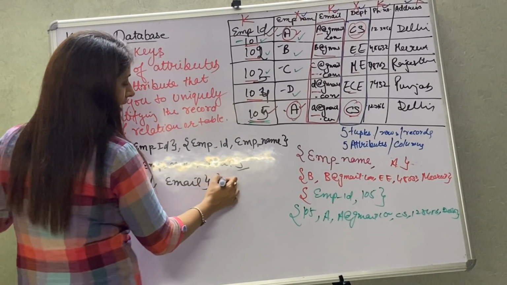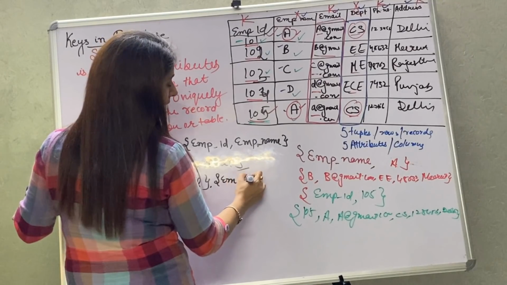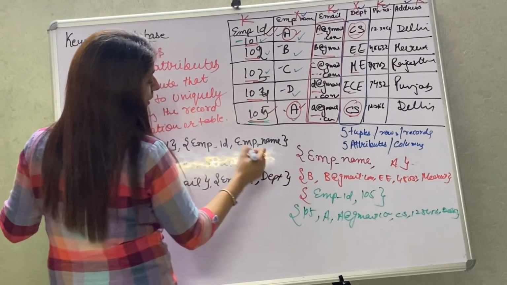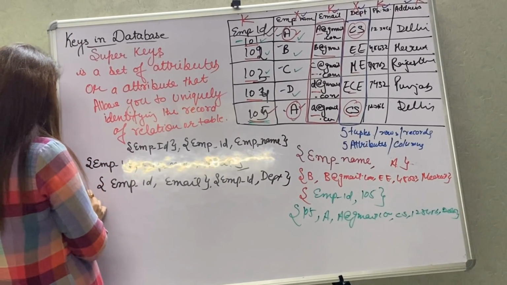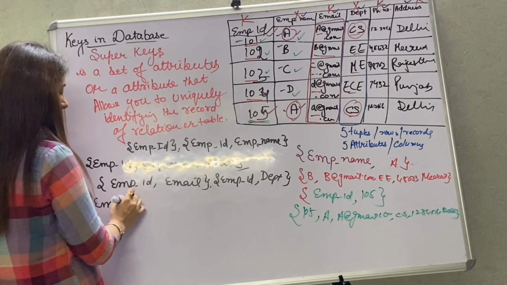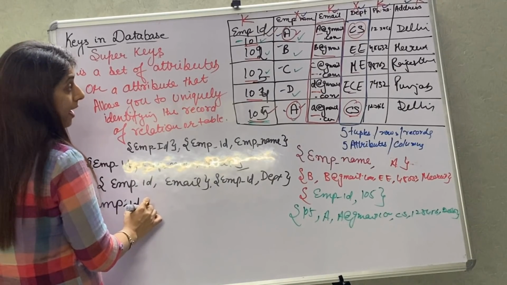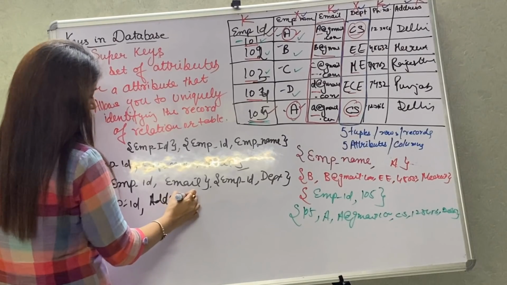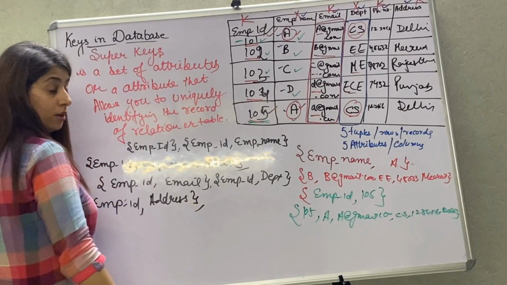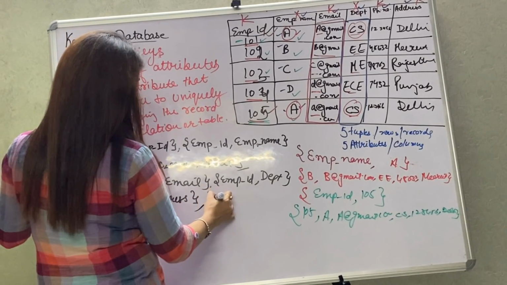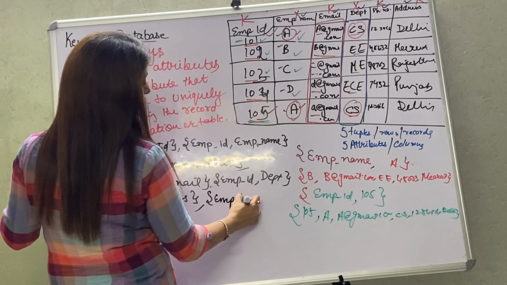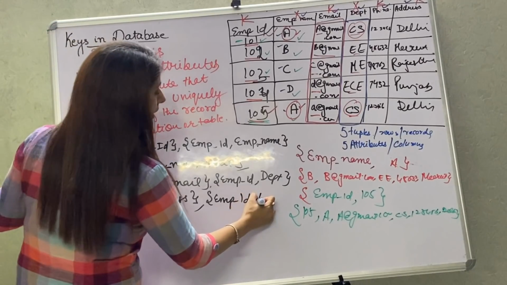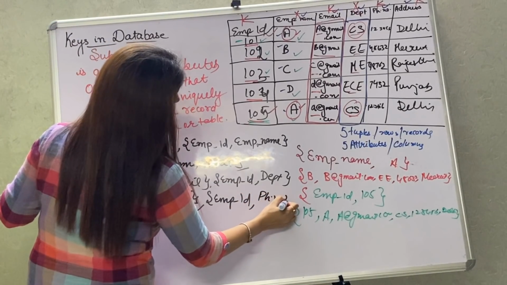Employee ID and department, this is also a super key. Employee ID and address, also a super key. Employee ID and phone number, this is also my super key.